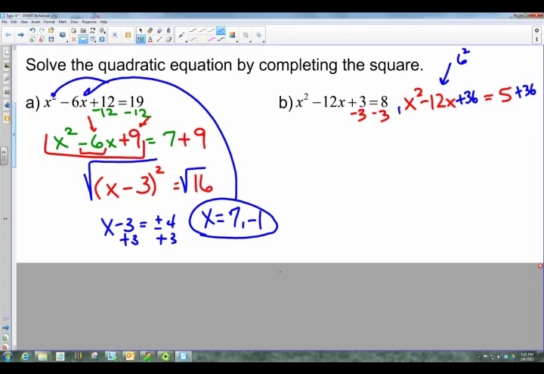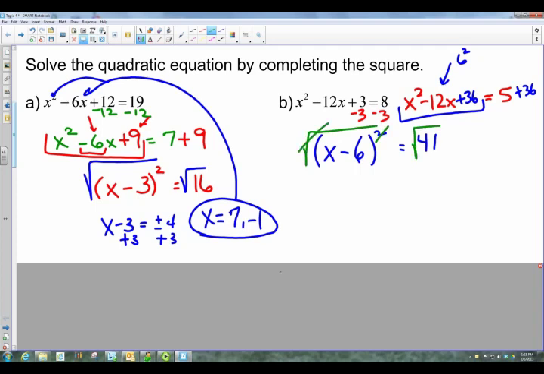Now from here, we factor our perfect square trinomial. And like I said just a minute ago, it's half of b or the square root of c, which in either case is 6. And then on the right hand side, 5 plus 36 is 41, and you end up with that. Now to finish this, we take our square roots. So the square root there, the square root there on both sides.